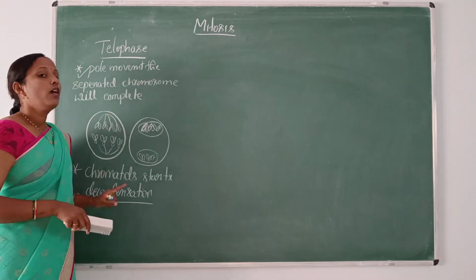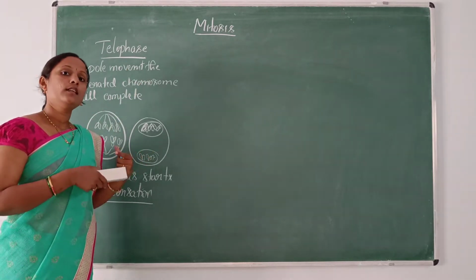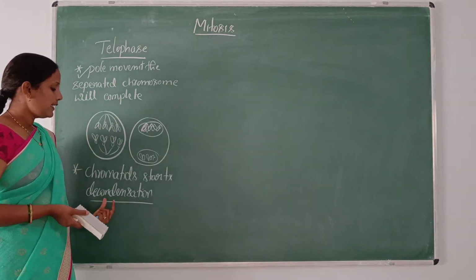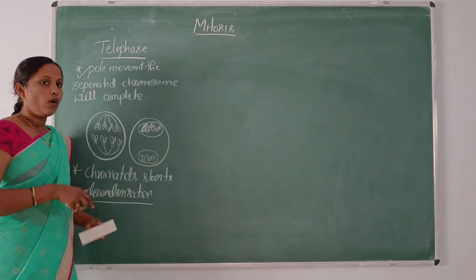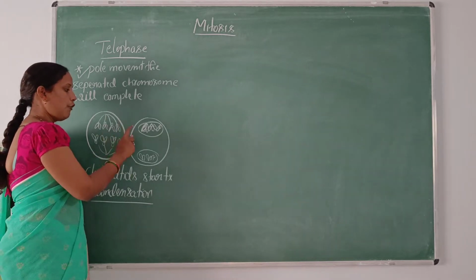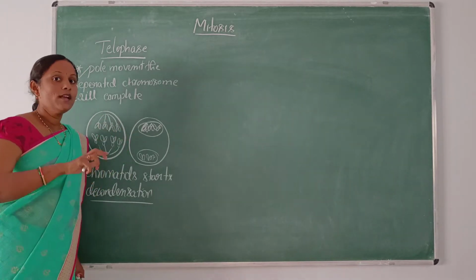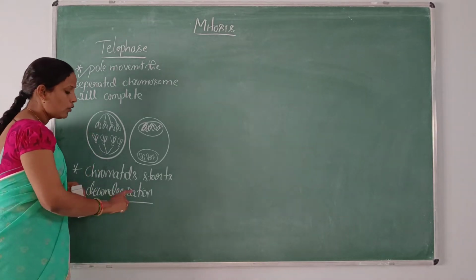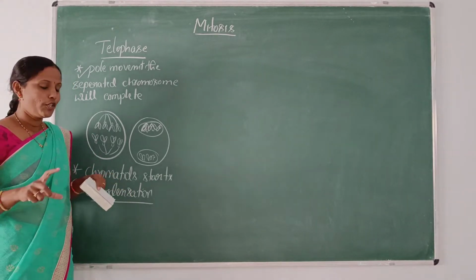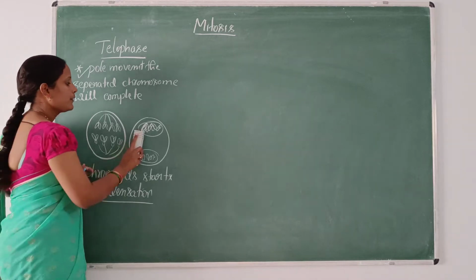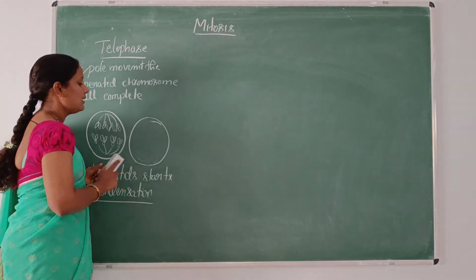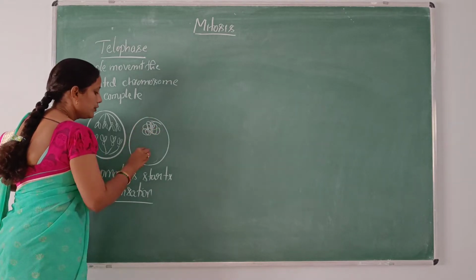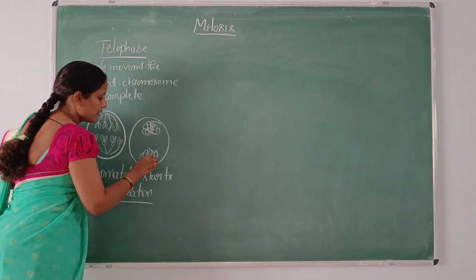In telophase there is a decondensation. The chromosomes and chromatids that were formed will lose their integrity and undergo the process called decondensation. As a result, the chromosomes again appear like a thread, like this.